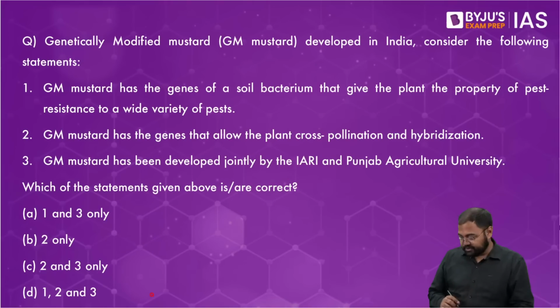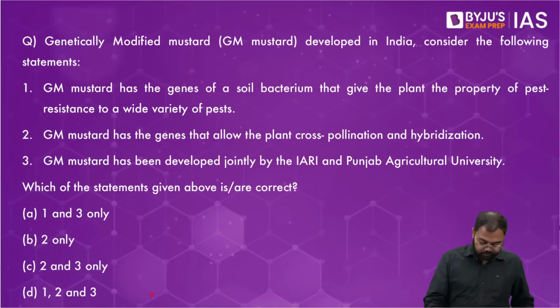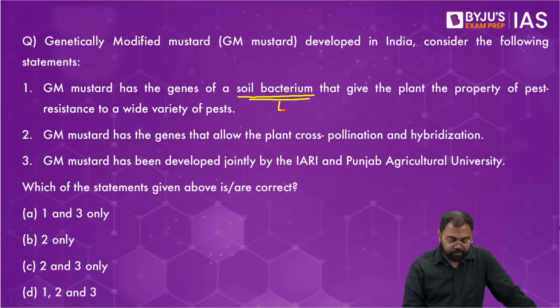This was asked in your 2019 paper, a very simple question actually, that gives the plant the property of pest resistance to a wide variety of pests. Now, this kind of pest resistance from a soil bacterium is more a property of Bt cotton.